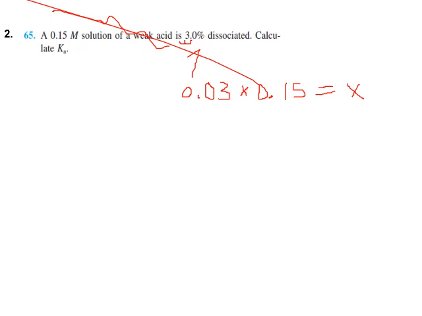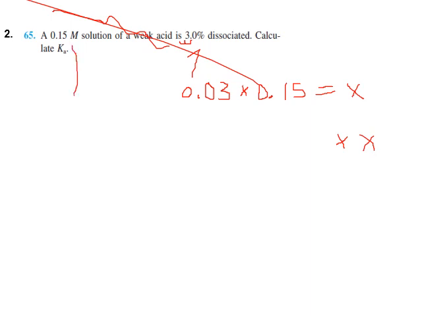And we're supposed to find the Ka. So whatever we get for the x, we'll then use that for the x at the bottom right in the 2 columns, right? We usually have 2 of them. So we have to multiply x times x, and then we divide that by 0.15 minus x.